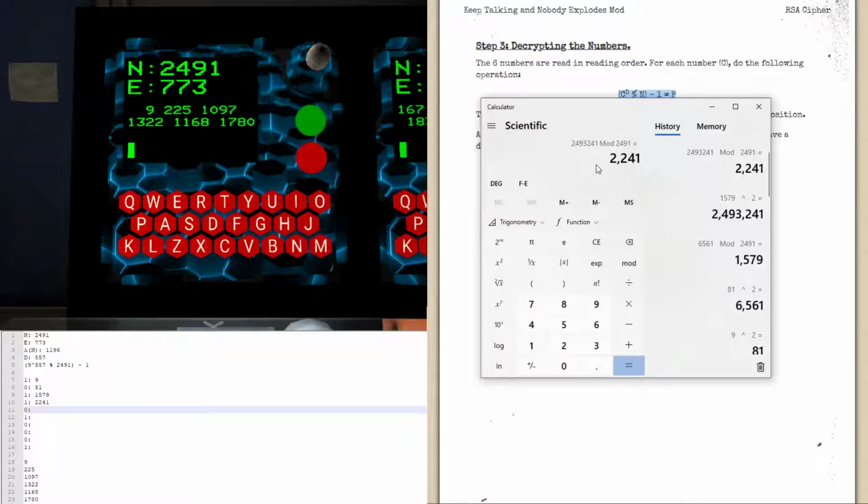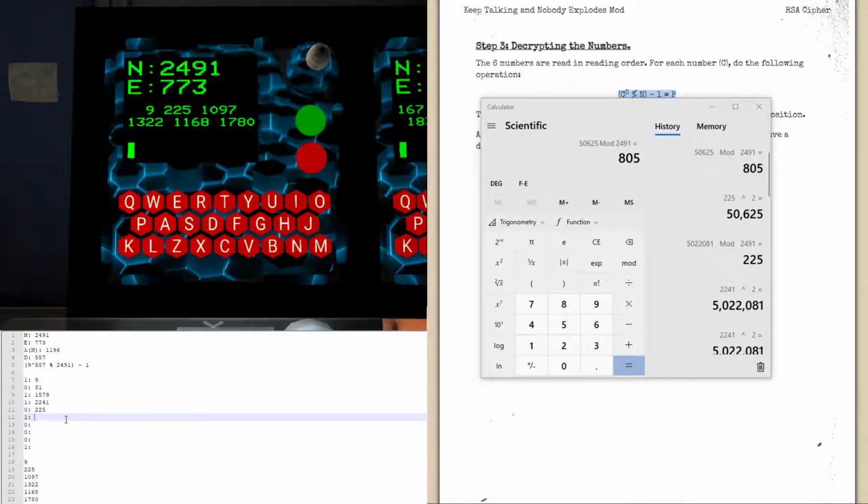Then 2241, power of 2, mod by this. This gives us 225. And then we have to do this. 805.